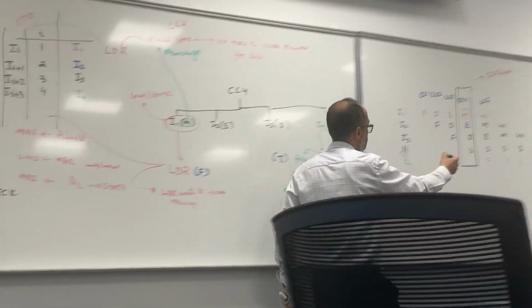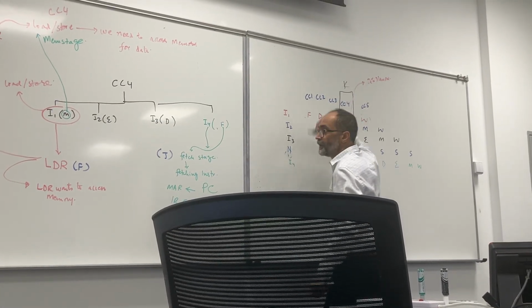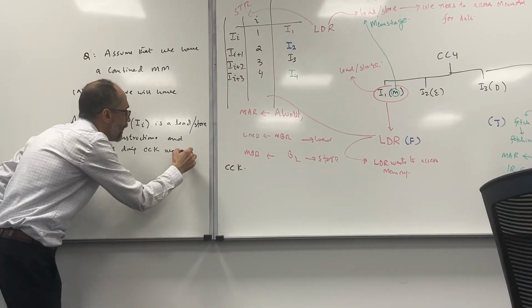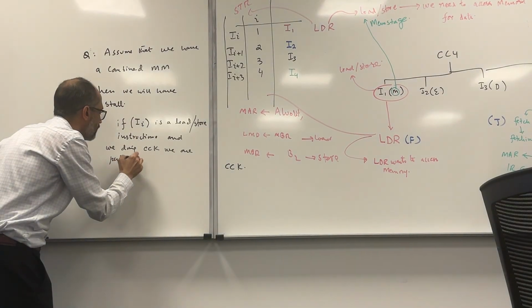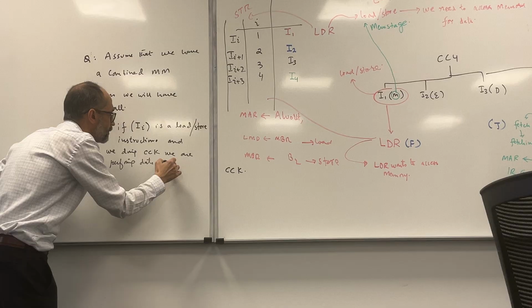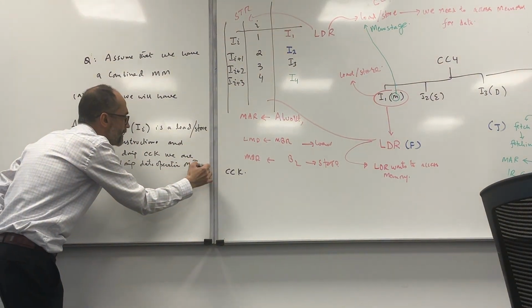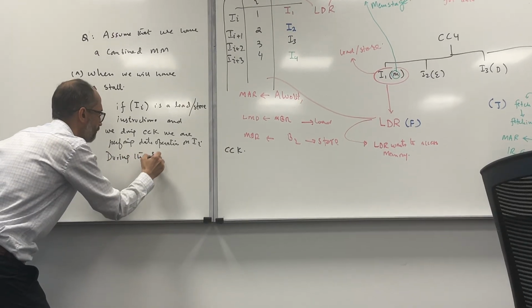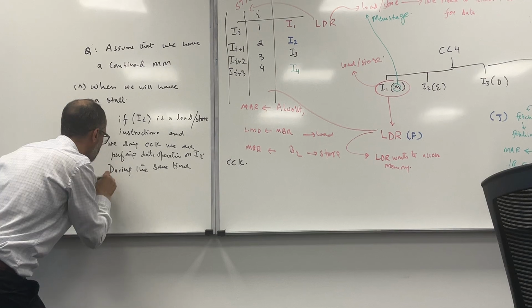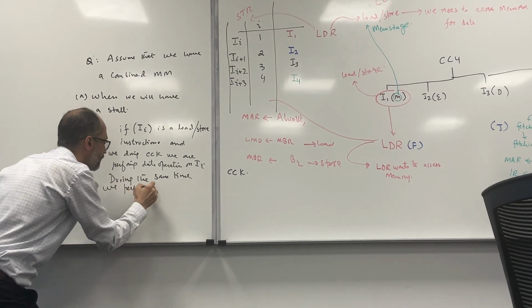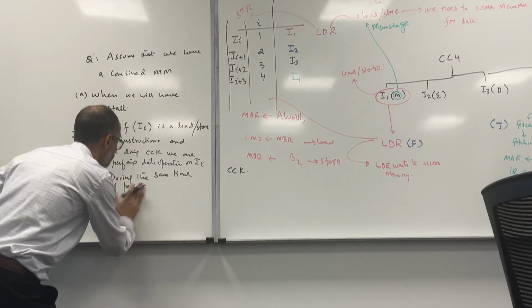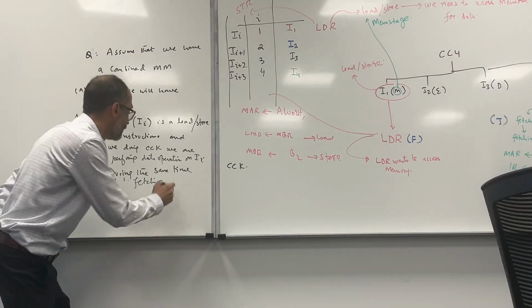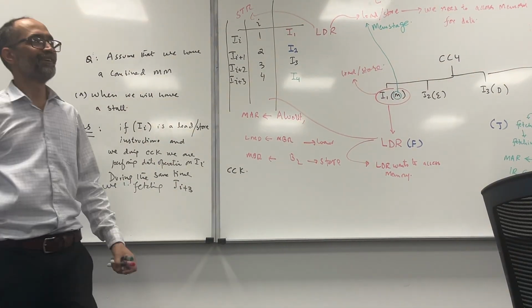In this clock cycle, this is now my clock cycle 4, I will call it K. Let's assume in any clock cycle K, we are performing a data operation on I. During the same time, we are fetching which instruction? I plus 3. Then there will be a stall.